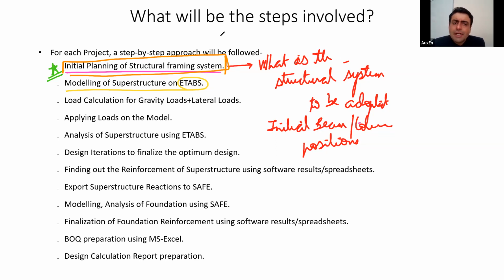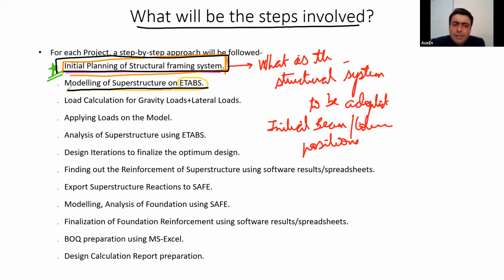So these are the steps that we would be adopting for each project. All right. First, the initial adoption of structural framing system, whatever system you decide. Then we will move on to modeling of superstructure on ETABS. Then we will proceed to load calculations.